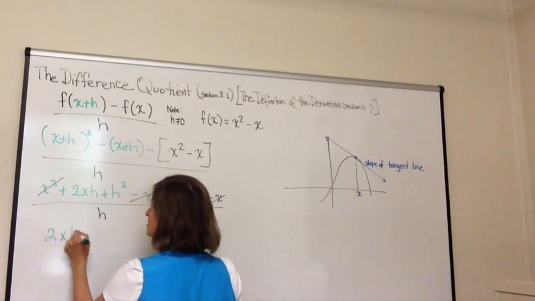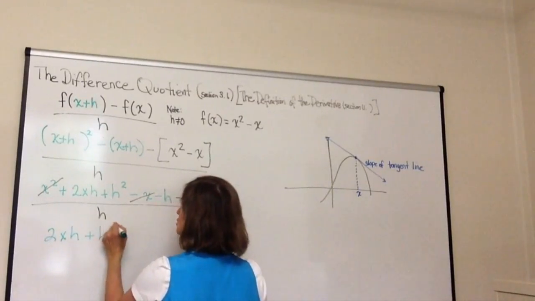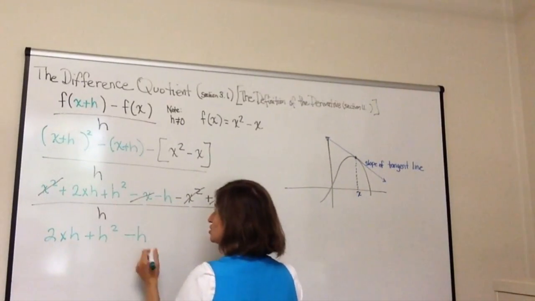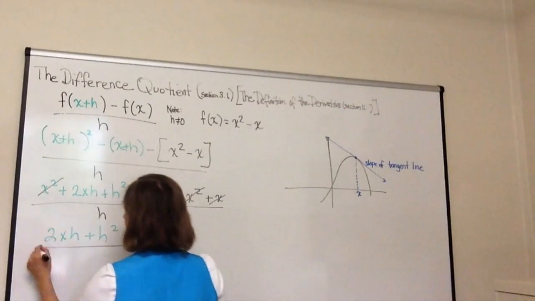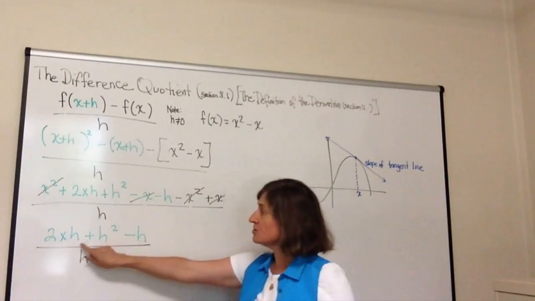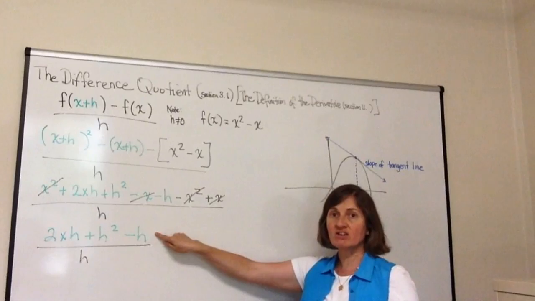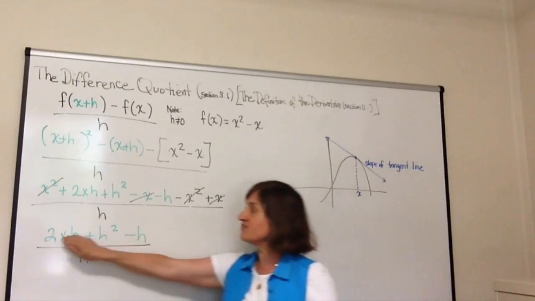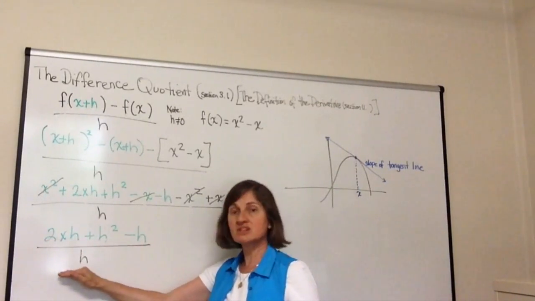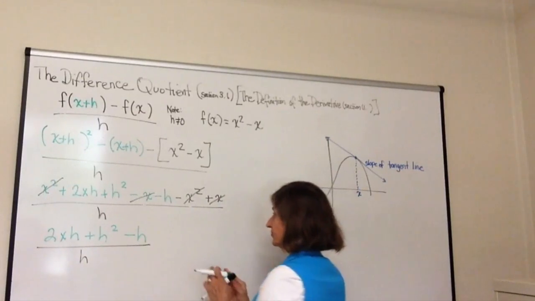So now what we have left is 2xh plus h squared minus h, all over h. Now, if you notice, every term in the numerator has an h in it. So you can factor that out, and then we'll be able to cancel it with the denominator.